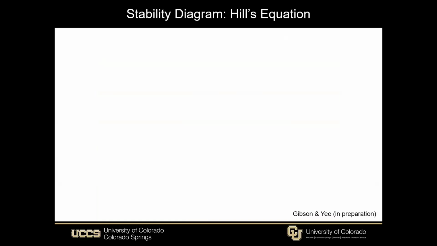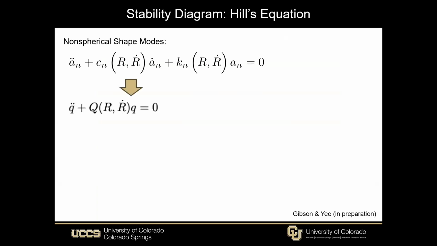Okay, so I'll get there. What my student came up with is actually a stability diagram for a bubble. He converted the non-spherical shape modes into Hill's equation with a fairly nonlinear transform.